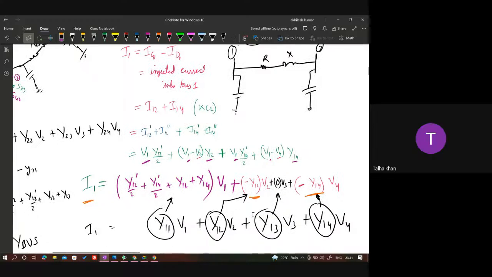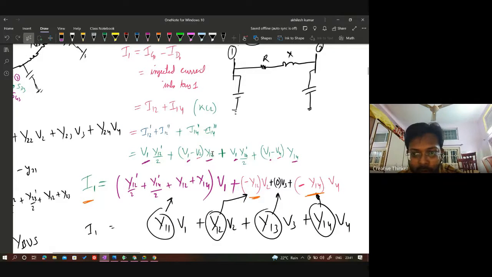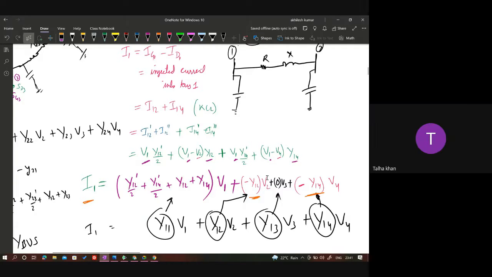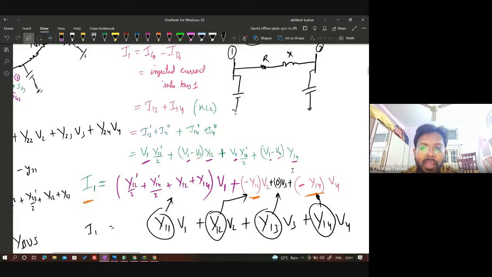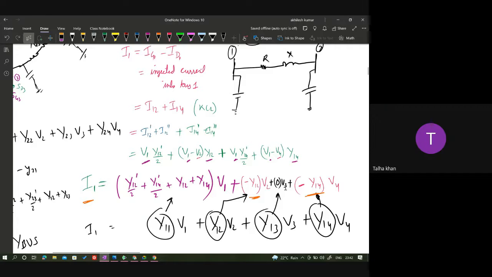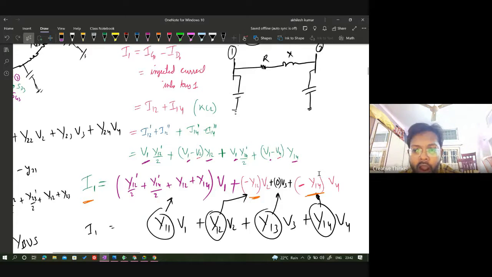Similarly, if I take V2 common, V2 is coming only in this part, so minus Y12 into V2. V3 is not coming anywhere, so I'm writing 0 into V3. Similarly, taking V4 common, it comes only in this part, so minus Y14 into V4.